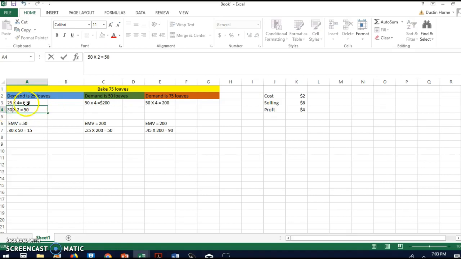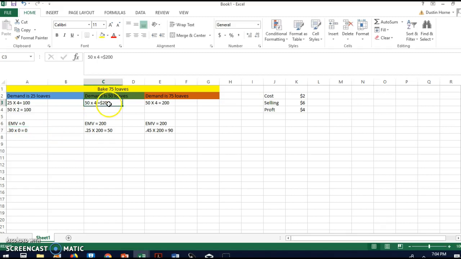So 25 times 4 is 100. 50 times the cost of those, that would be $100. So we made $100, but we made too much, and that cost us $100. So the expected monetary value here would be 0. And 0.30 times 0 would be 0.